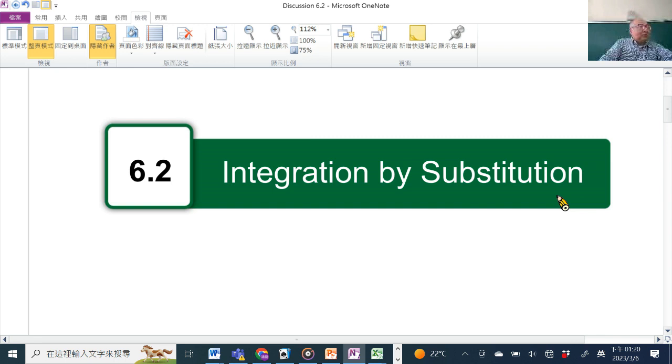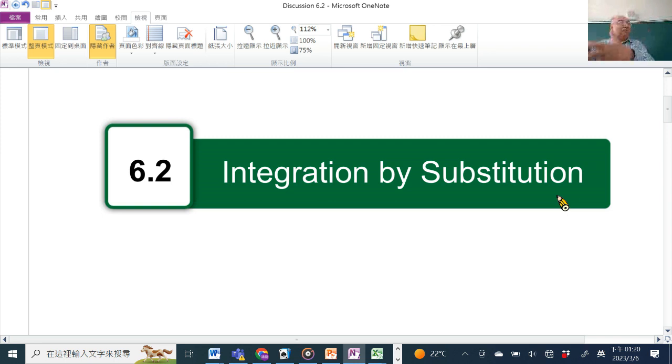But of course, if your capacity of doing integration is zero, then no matter how large I try to extend, it's still zero. So you've got to have something to be extended. That means you have to learn 6.1 to get the original or basic capability.